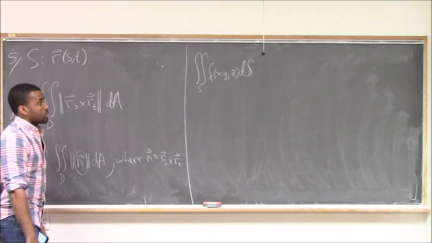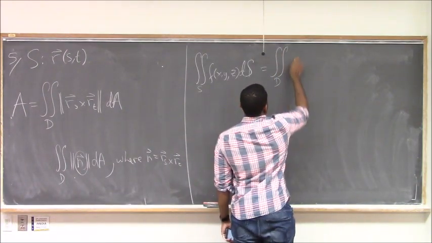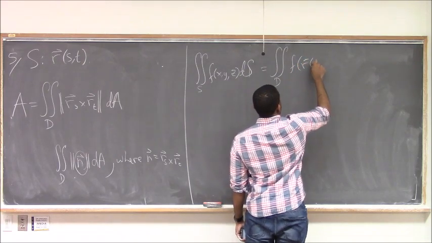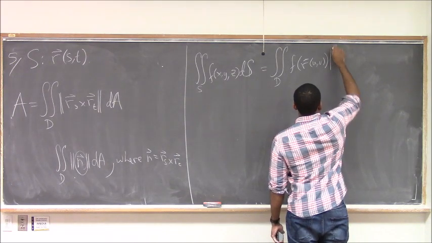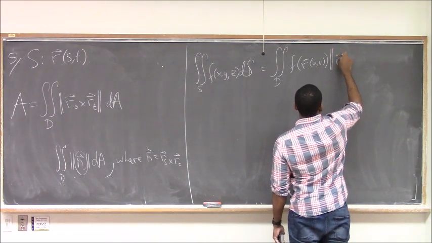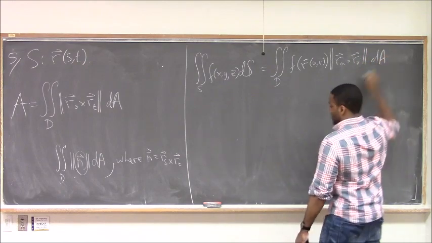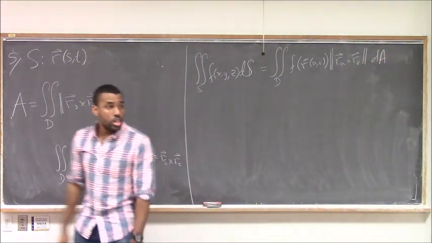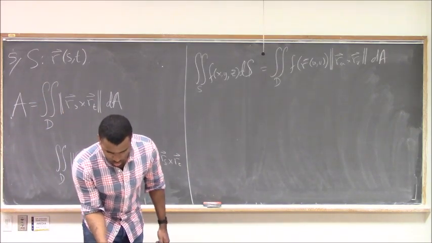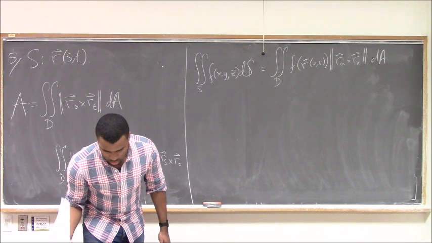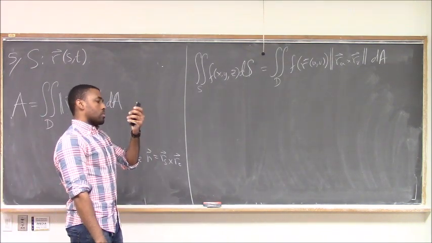Double integral over D of f of r of u,v times the magnitude of the cross product of r_s and r_t, the normal, dA. That's called a surface integral over a scalar field. That will be 13.7. That's in the next section. That's 13.7.